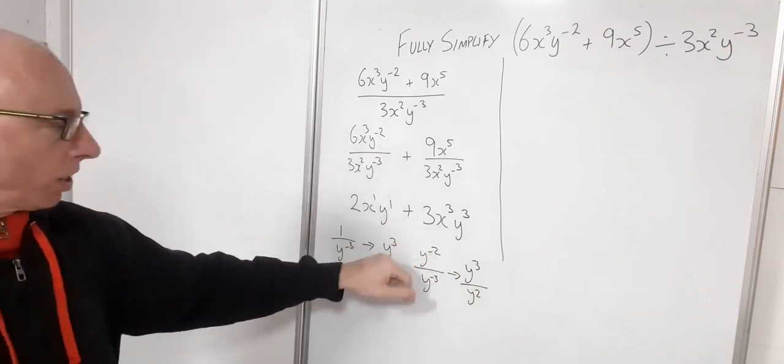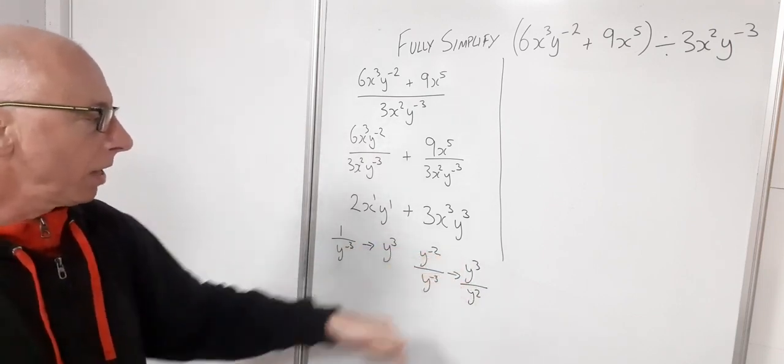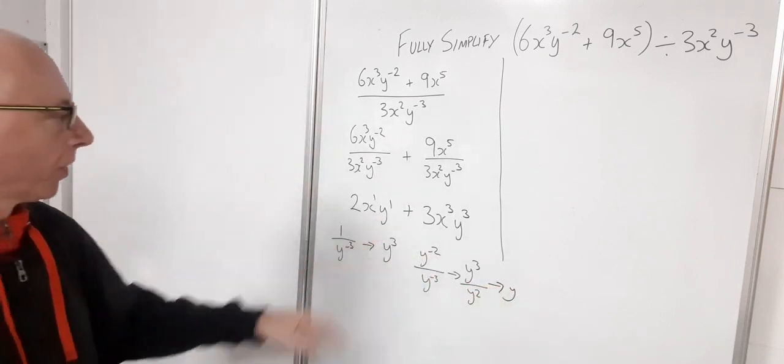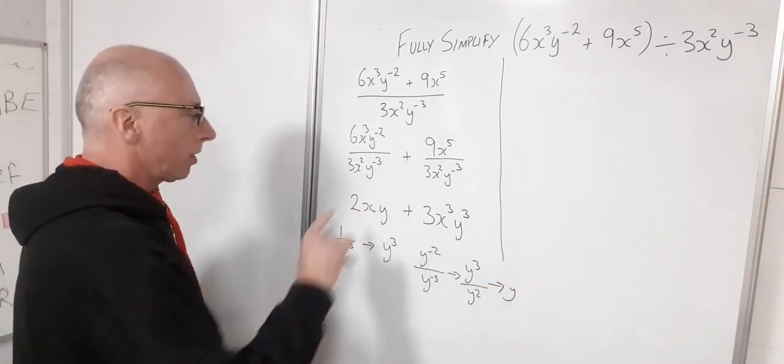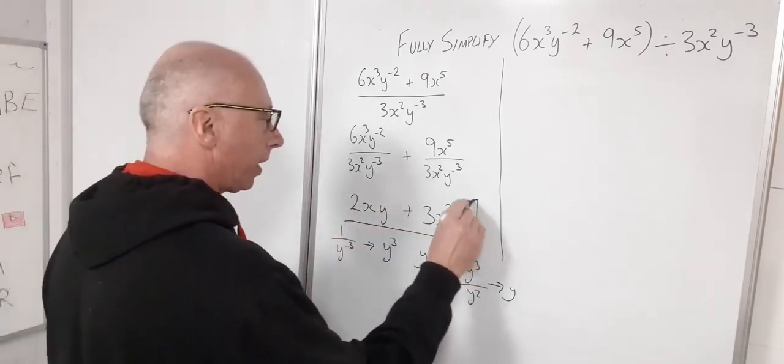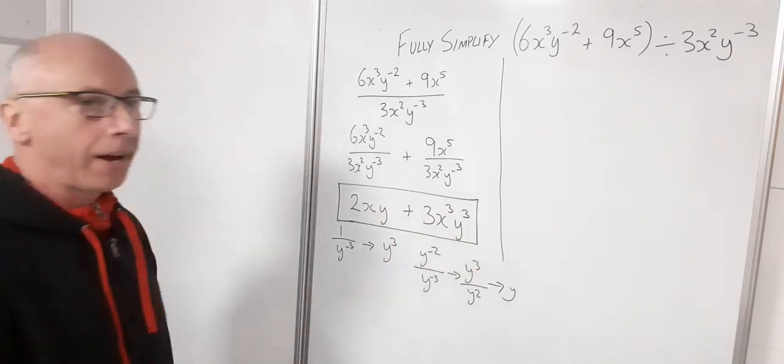So each one of those I could take the reciprocal of in turn, and that's going to give me my y, hence y to the power of 1. So the 1 powers in the indice I don't need. Then that would be that term simplified, and that would take care of that.